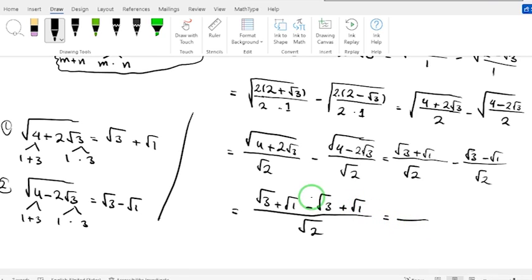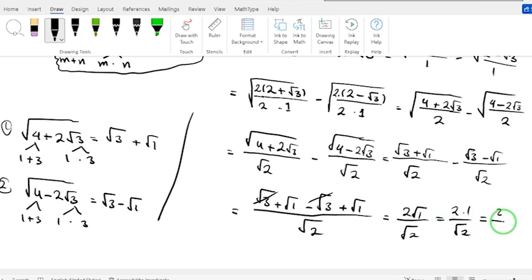To simplify, 1 plus 1 is 2, square root of 1 over square root of 2. The square root of 1 is equal to 1, so it's 2 multiplied by 1 over square root of 2.